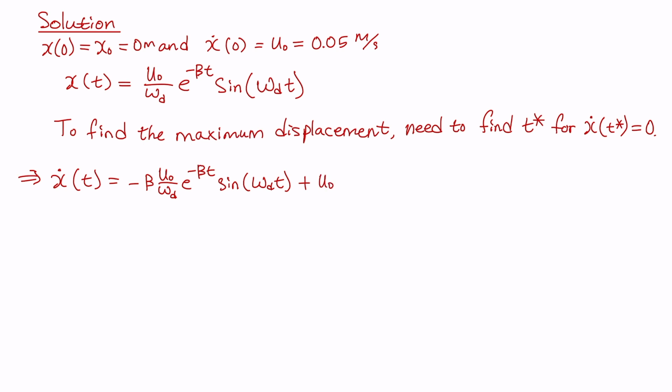So we have u0 times e to the minus beta t times the, oops, that should actually be the cosine of omega d t. That's our velocity.